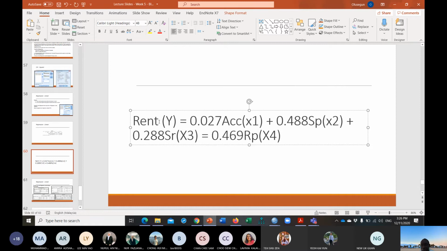Now let me just try and shift to subscript.